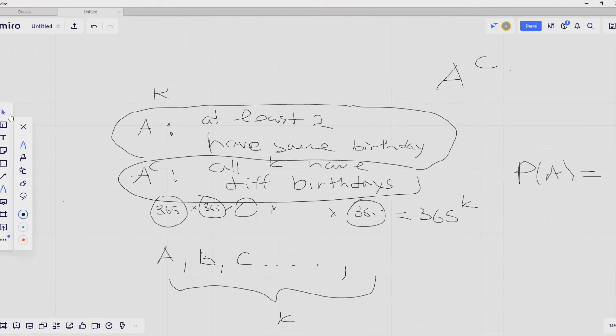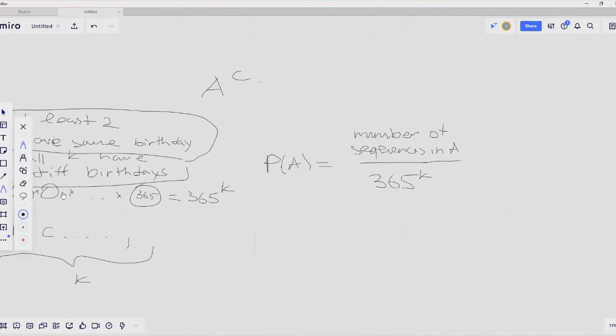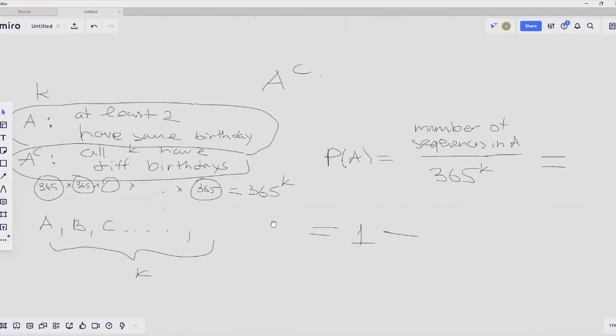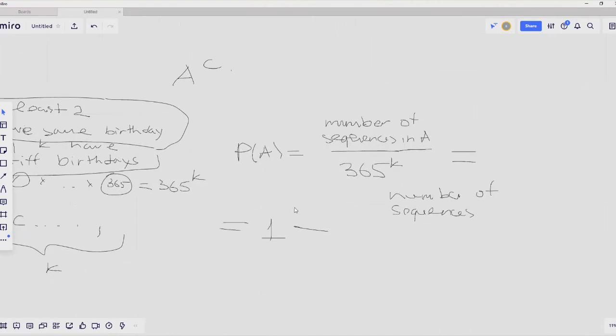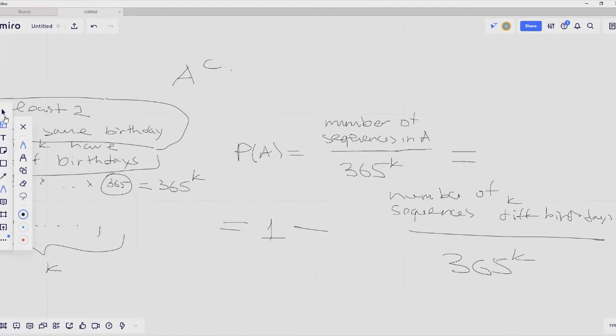So the probability of A might be expressed as 1 minus the number of sequences in A complement, so the number of sequences where all k have different birthdays, over 365 to the power of k.